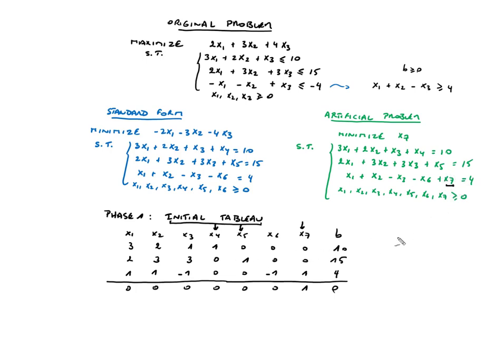So here we can see that the initial basic feasible solution is x1 = x2 = x3 = x6 = 0.